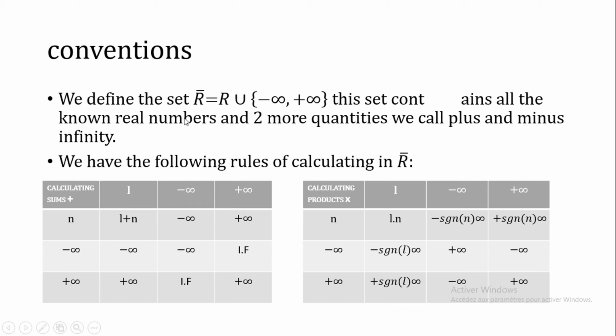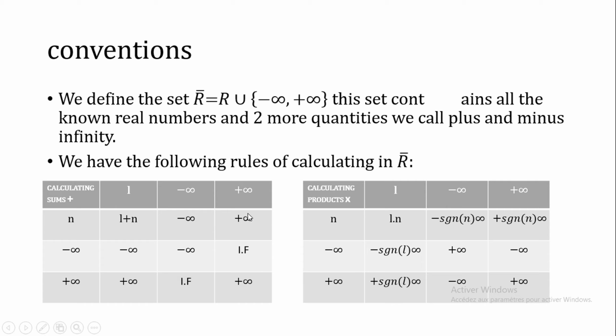So for sums, if we have n and l real numbers, then the sum of them is just l plus n. If we have a different case, which is n plus minus infinity, this gives us just minus infinity. We say that we neglect n compared to minus infinity.